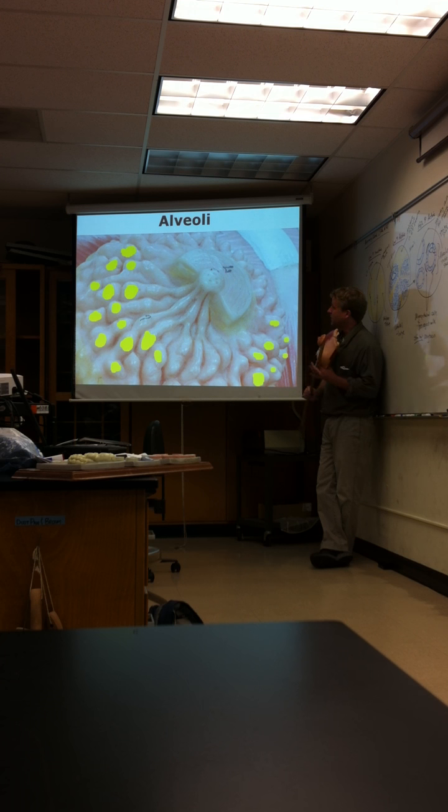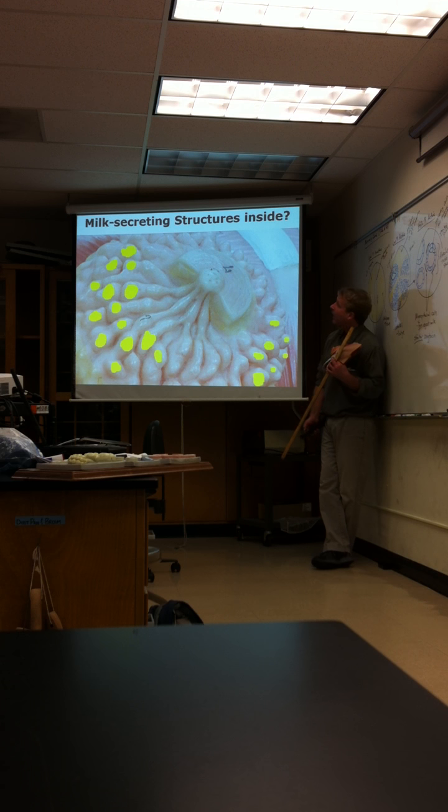Alveolus just means a socket or kind of a sac-like structure. When we look in the microscope, you'll see alveoli look an awful lot like the lungs' alveoli. So make sure, just so you have it, the structures that are blinking are lobules. Good. And then the milk-secreting structures inside are called alveoli.